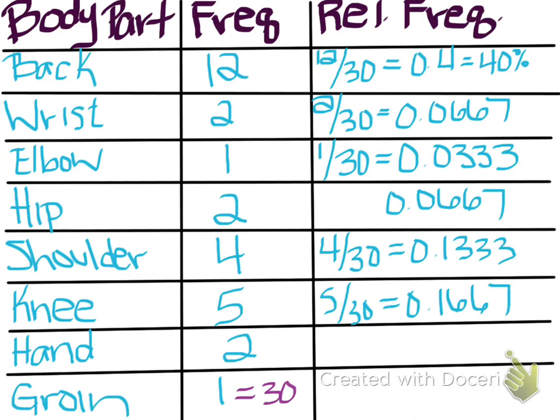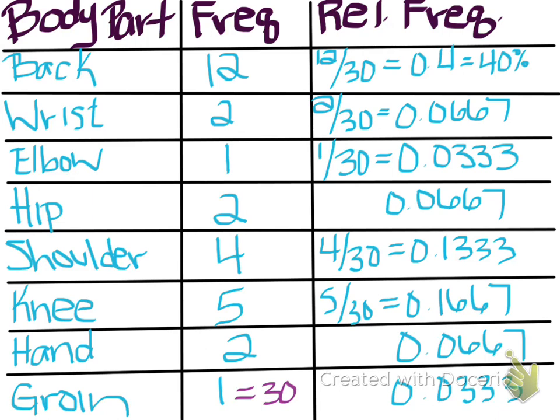If you don't remember your rounding rules as well, make sure you go back and look at those. I recommend Khan Academy for anything like that. 0.0667 and 0.0333. And then the neck injury would also be 0.0333.